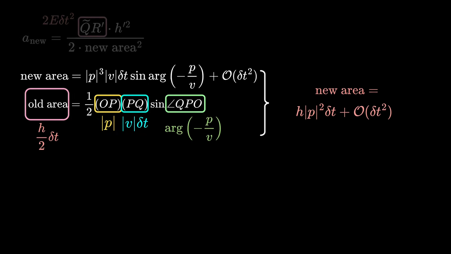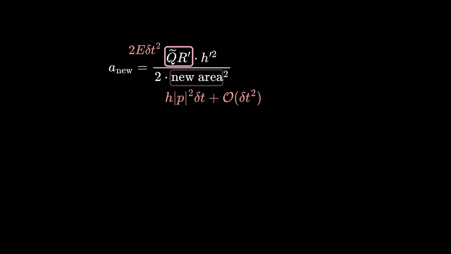Finally, we substitute everything back into the formula for the new acceleration and obtain some angular momentum ratios times energy divided by mod P to the 4.